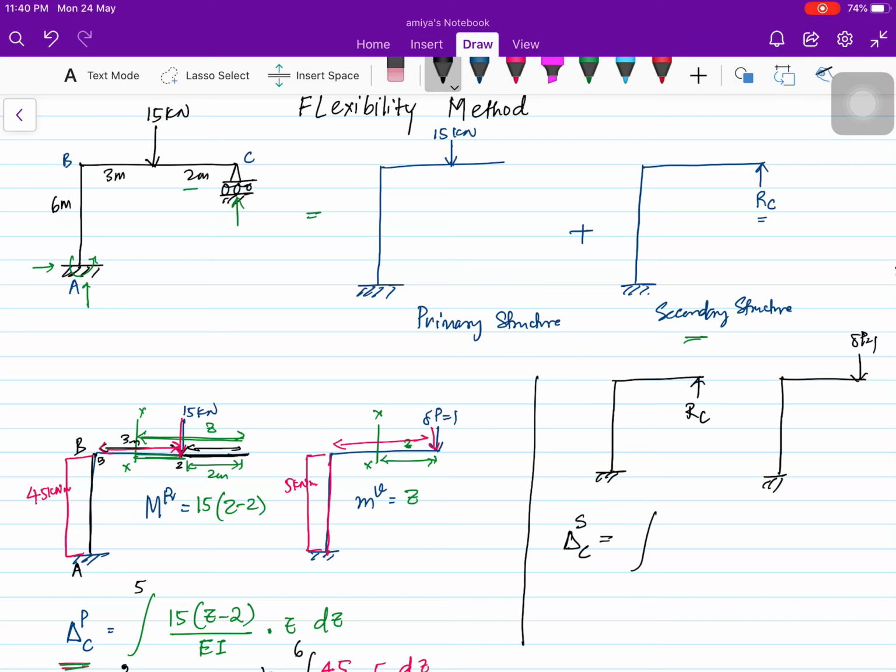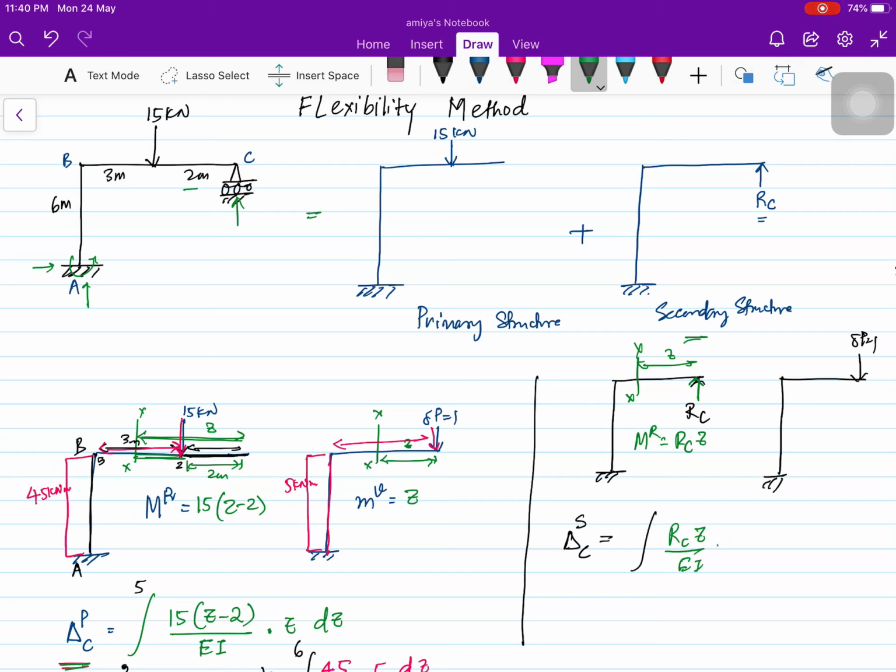This is equal to, so I'm going to multiply. So you can see the real moment will be RC into any section. If I take Z, RC into Z. So RC into Z by EI.